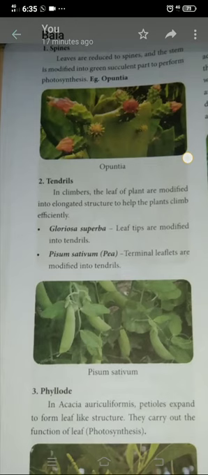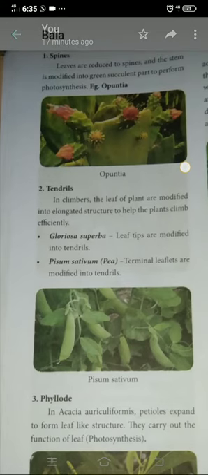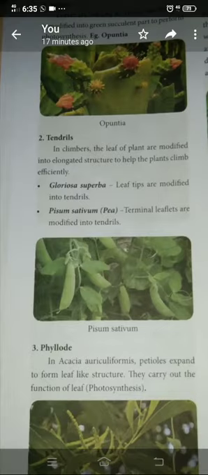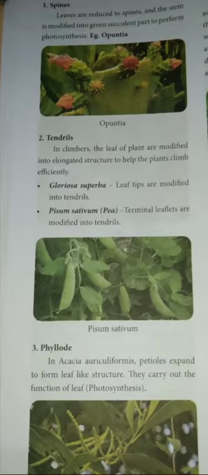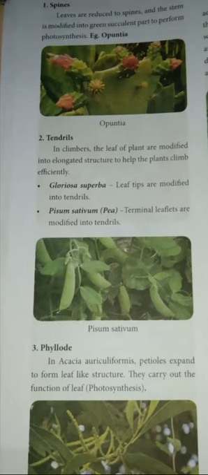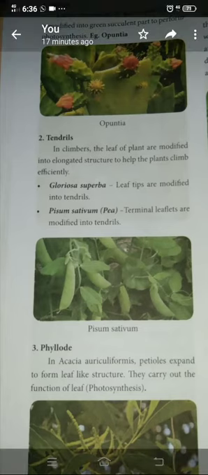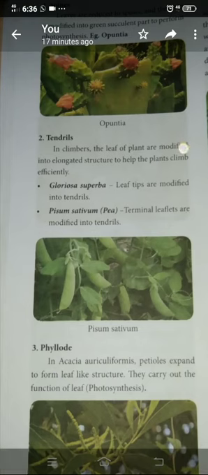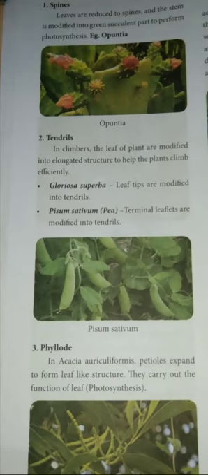Spines do not do the function of photosynthesis. The next one is a tendril. Here the leaves are modified into tendrils for support purpose. Pisum sativum, the pea plant, also produces support for climbing purposes: the leaves are modified into tendrils.